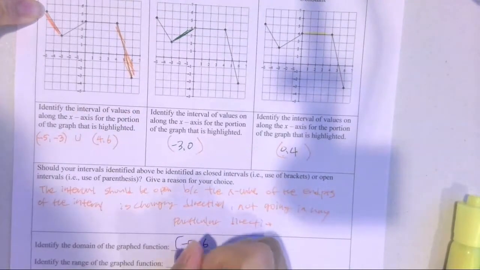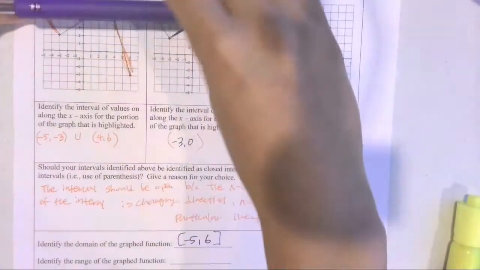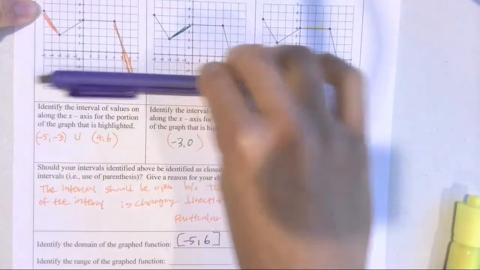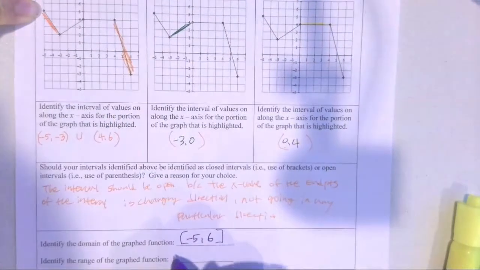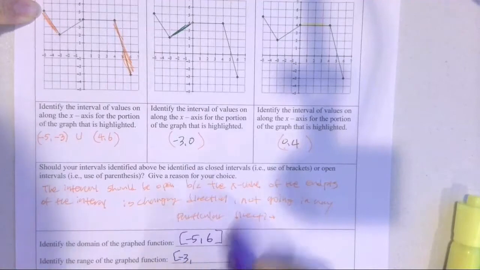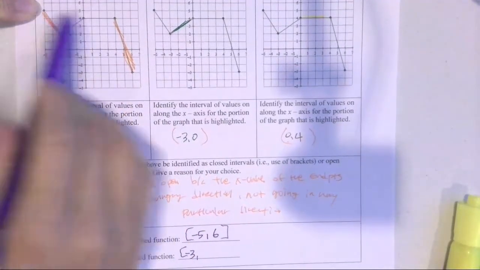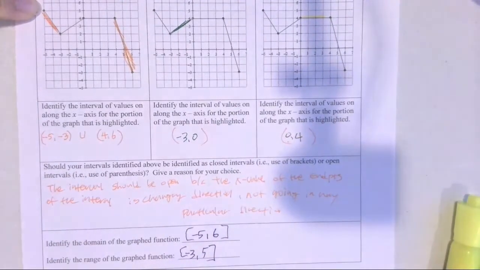Yep. Bracket. Now let's go to the range, the y values. Where's the lowest y point your graph starts with? At -3. Defined or not defined? Defined, because it's a closed circle. So bracket at -3. Notice my y value is defined everywhere up to 5, with a bracket like that. Okay, so that's how we do it.